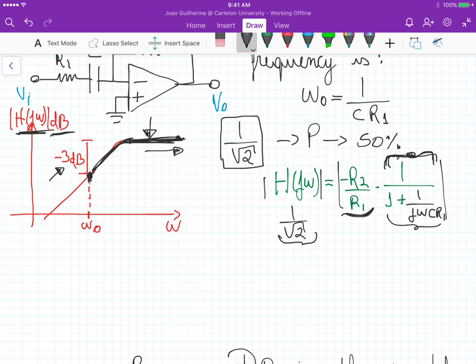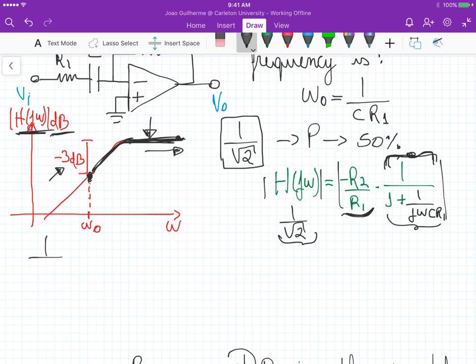So it's 1 over square root here, that's the magnitude. Okay, so let me first, just to simplify our analysis, take this.